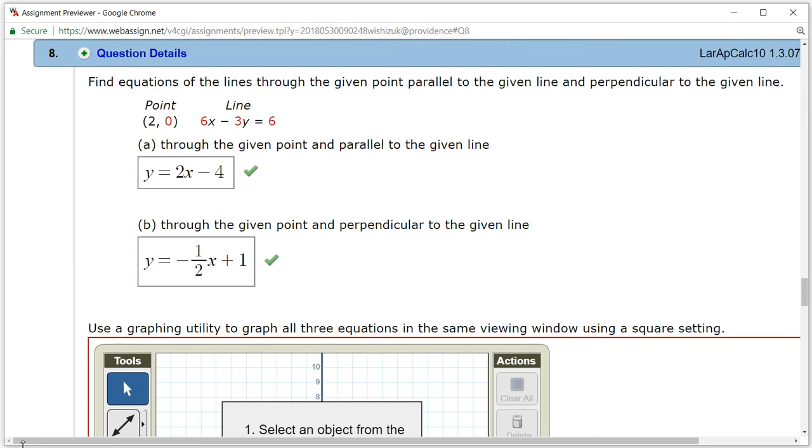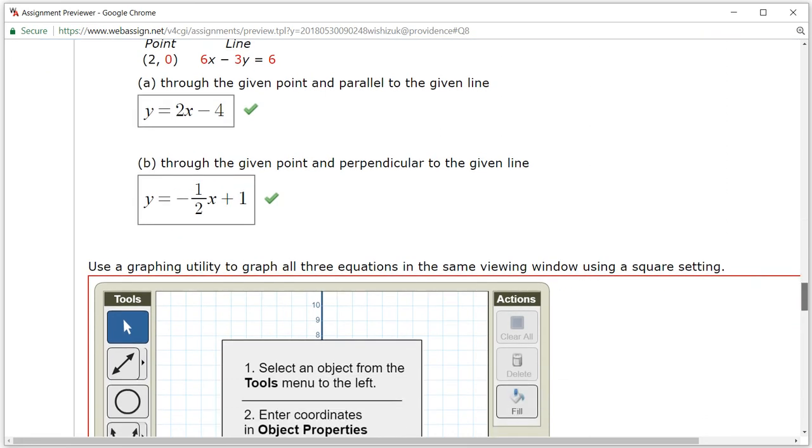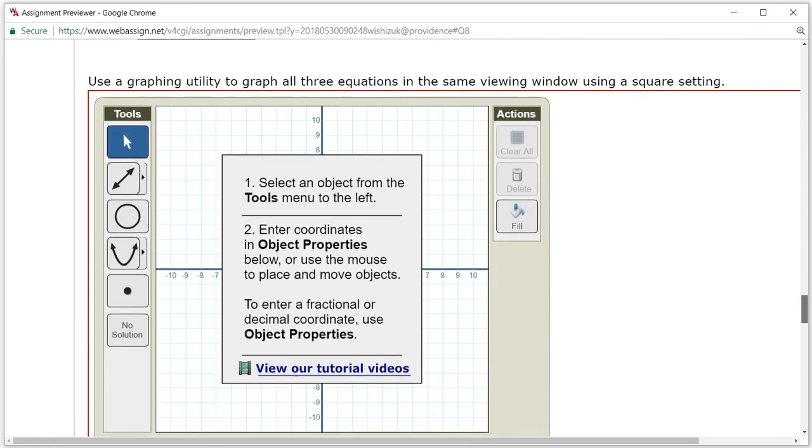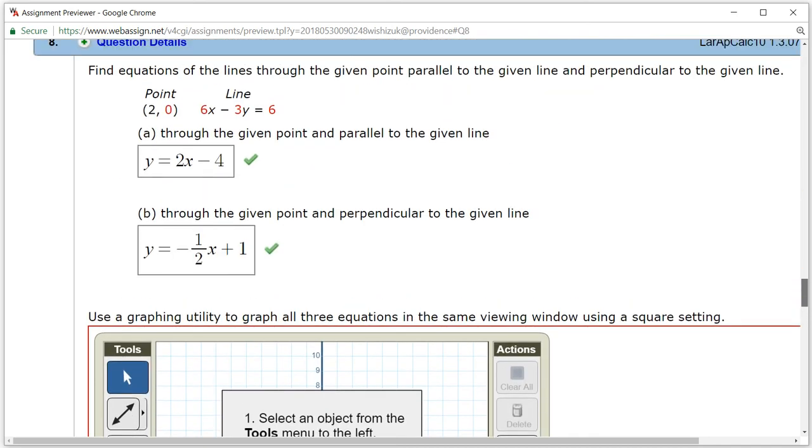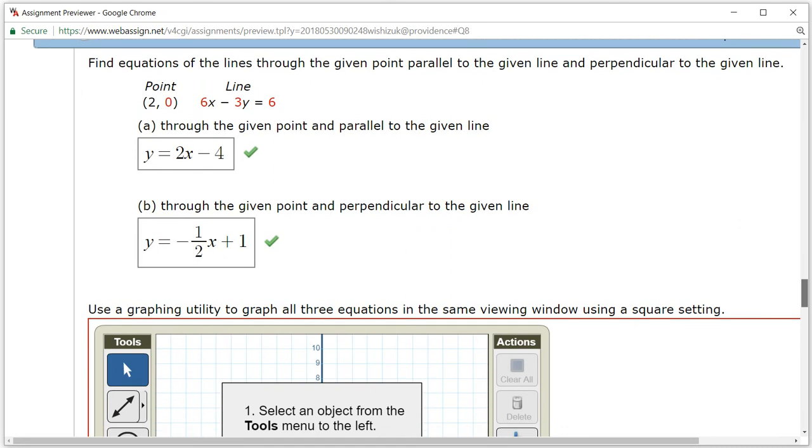Let's do the next problem. It says to use the graphing utility to graph all three equations in the same viewing window. So first, let's sketch y equals 2x minus 4.